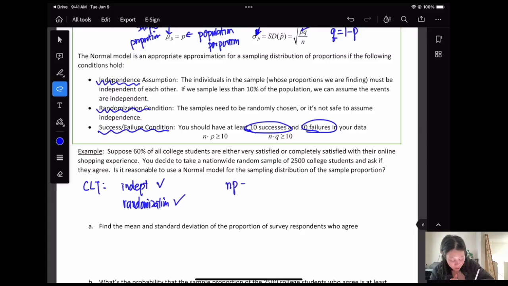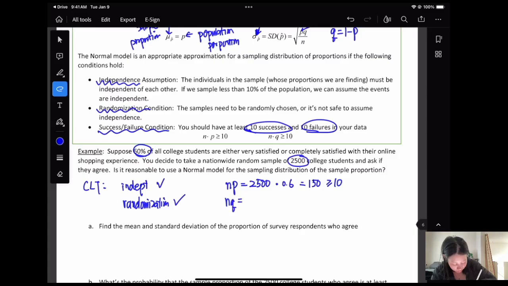So n times p. How many students are we surveying? 2,500, and the proportion is 60%, so we multiply by 0.6. This equals 1,500, which is greater than 10. So the success condition is met.